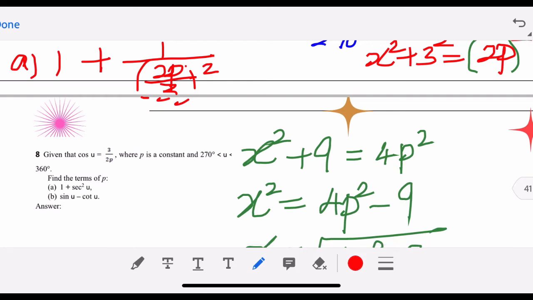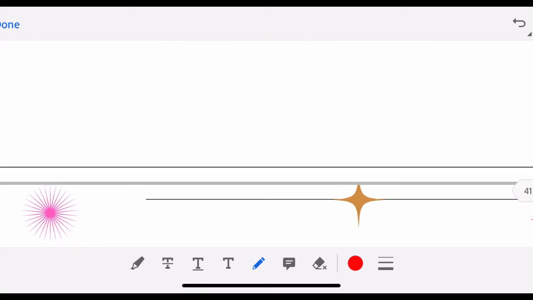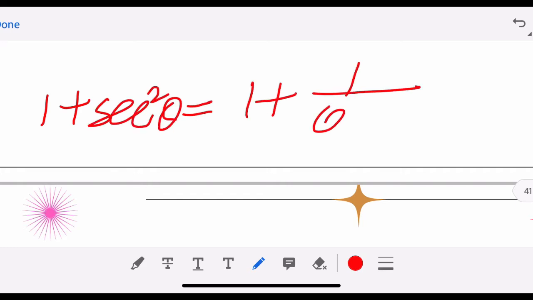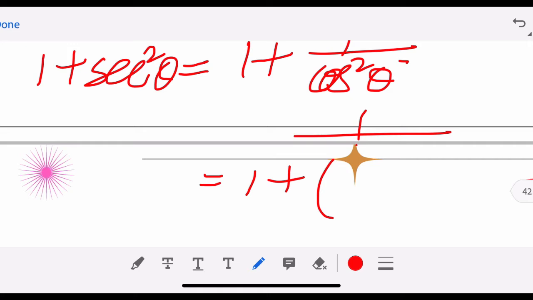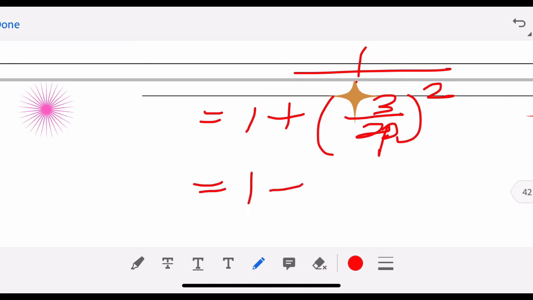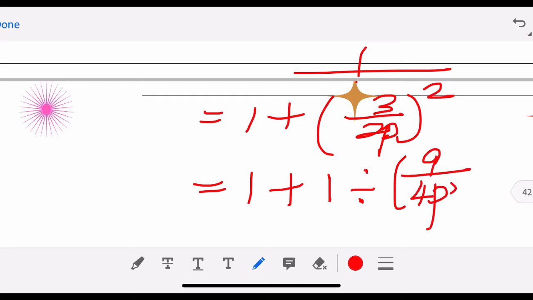Okay, I'm going to solve it now. We have 1 plus secant squared theta equal to 1 plus 1 over cos squared theta. If you solve it, you will get 1 plus 1 over 3 over 2p, the whole thing squared. Make sure you do it properly. It's 1 plus 1 divided by 3 squared is 9, 2 squared is 4, and p squared.